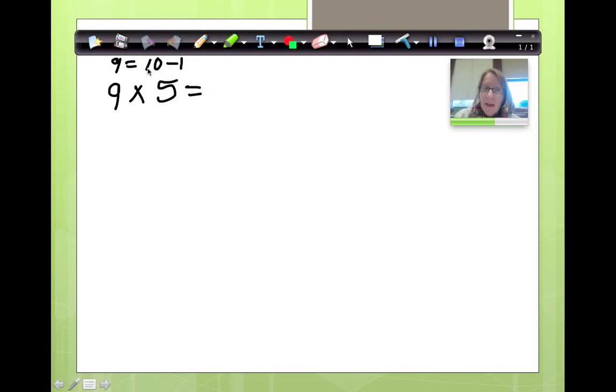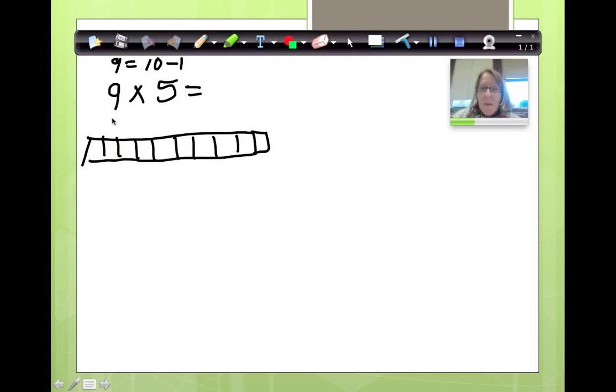Okay, so that would be like if I had blocks. I need 10 blocks. 1, 2, 3, 4, 5, 6, 7, 8, 9. I have 10 blocks. But they're not 10 blocks of 9 this time. They're 10 blocks of 5. So each block is worth 5.